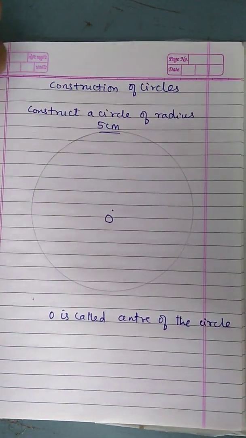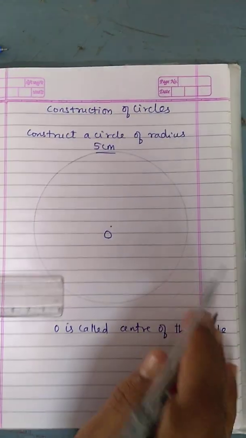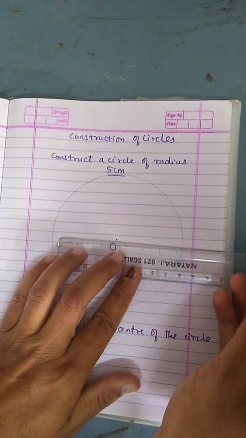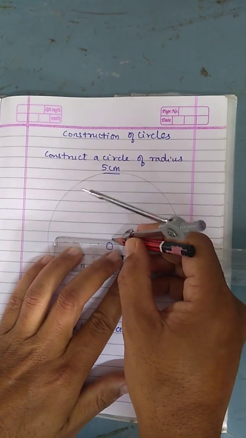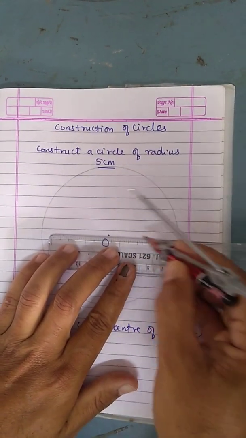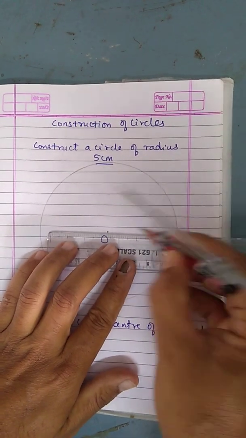From the center of the circle, that is O, I am going to draw a line segment which joins the circle.